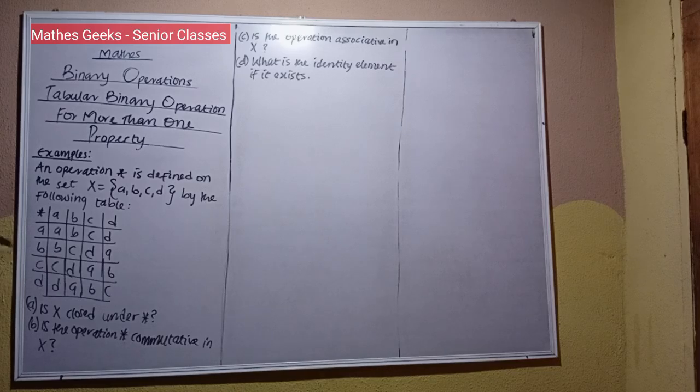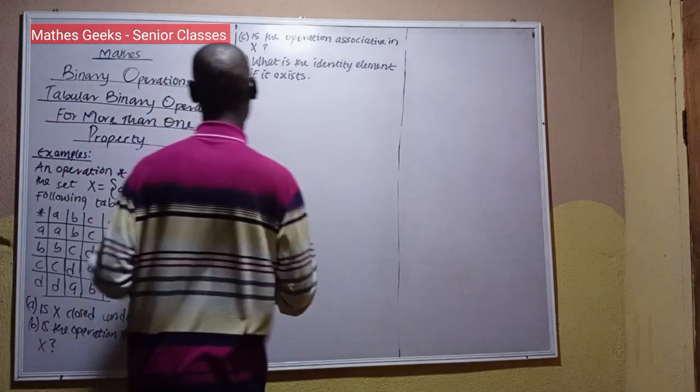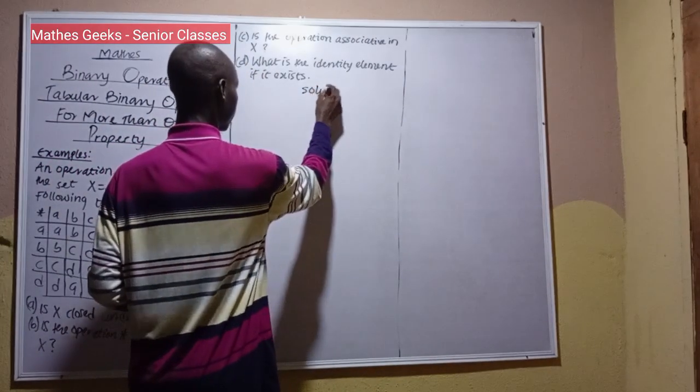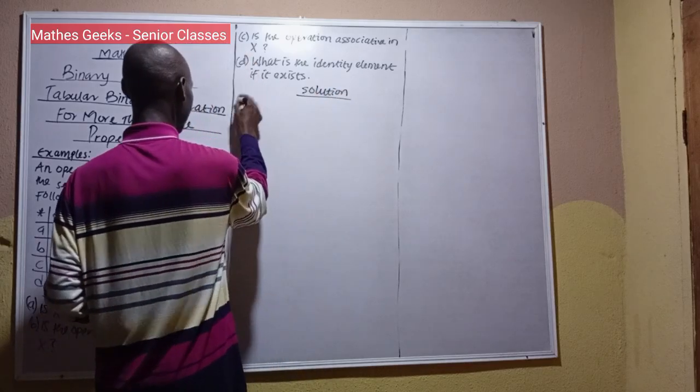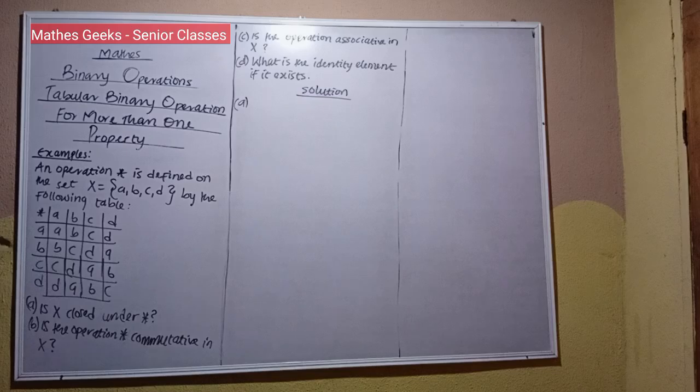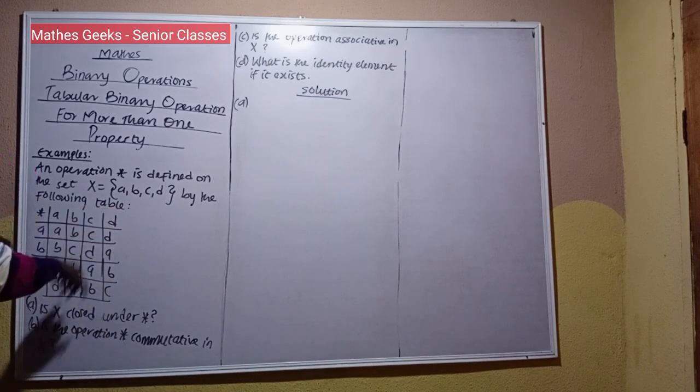An operation star is defined on the set X equals to A, B, C, D by the following table. So we are going to answer these questions on this table. Is X closed under star? So let's see.